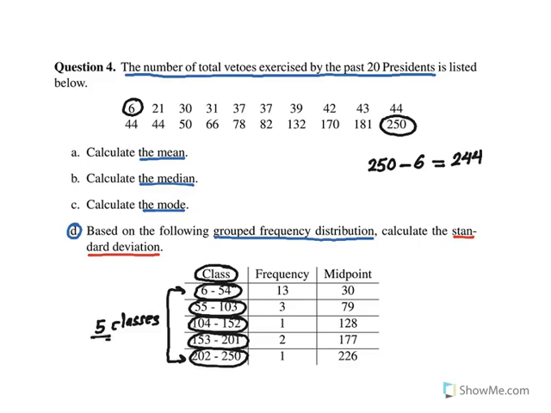And since you want to make 5 classes, and remember, we usually make between 5 to 20 classes for data, depending on how many data we have, but since we chose to make 5 classes, we will divide this range by 5.